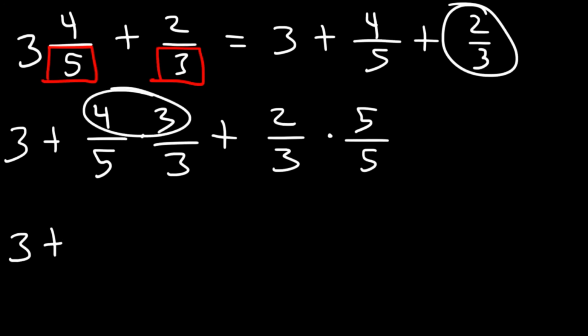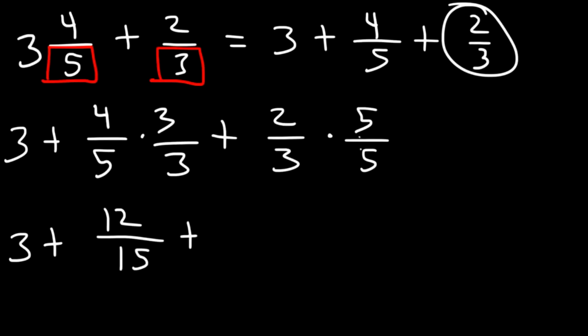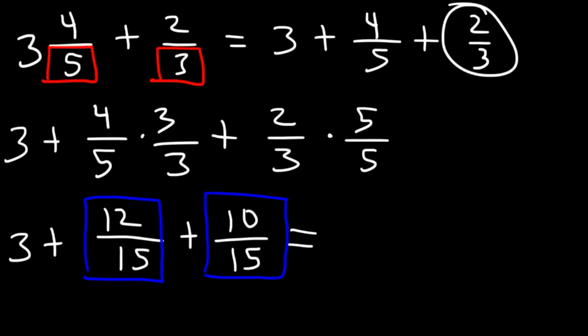So 4 times 3, that's 12, and 5 times 3 is 15. 2 times 5 is 10, and 3 times 5 is 15. So now at this point, I can add these two fractions. 12 over 15 plus 10 over 15 is 22 over 15.